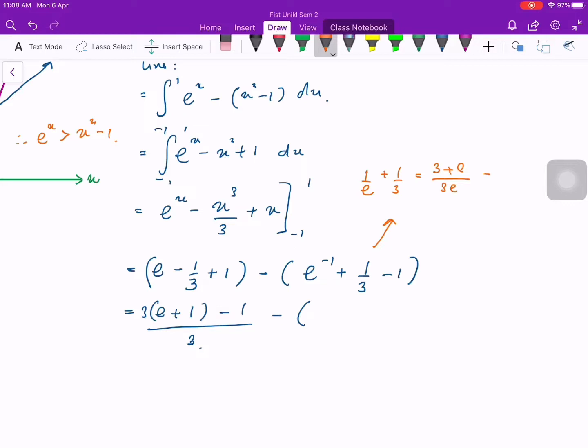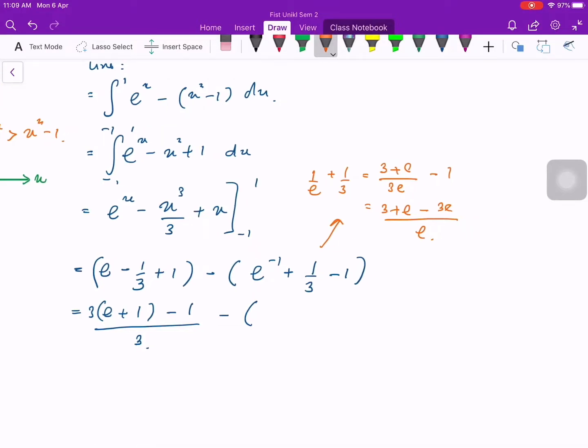And then minus 1, we are going to have 3 plus e minus 3e over 3e. So now we have e minus 3e because we got minus 2e. So then (3 minus 2e) over 3e. We're supposed to have this.